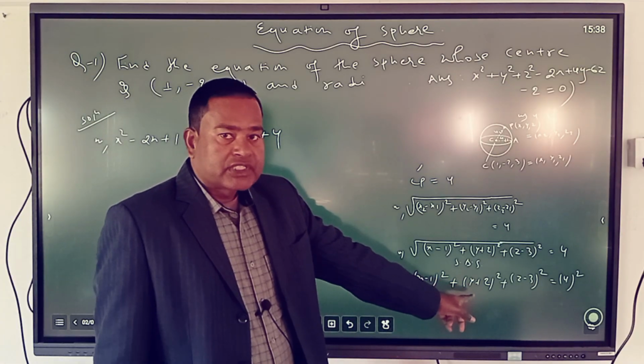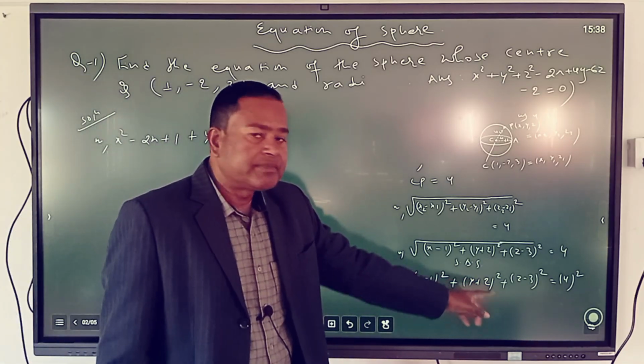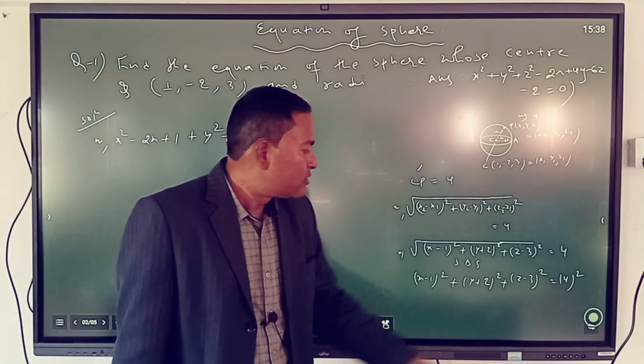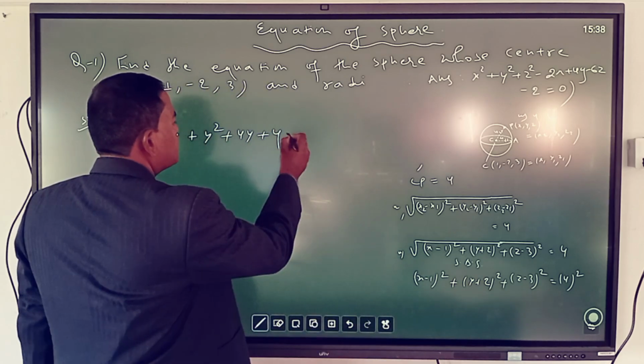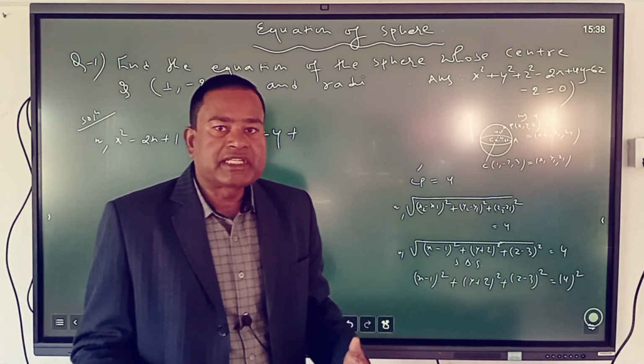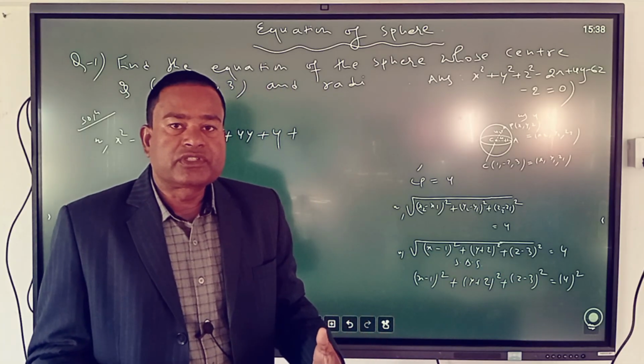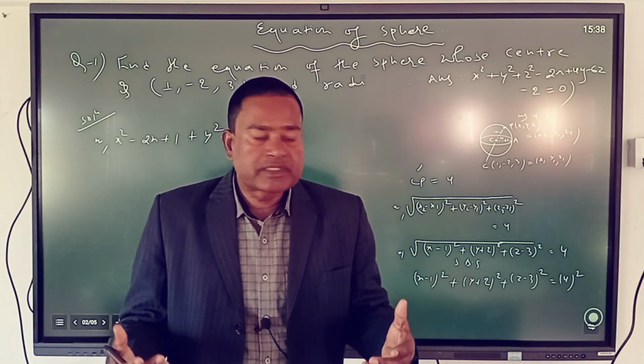A square means y square, plus 2ab means 4y, plus b square means 2 square, which is equal to 4, plus z minus 3 whole square, which is in the form of a minus b whole square. And we know that a minus b whole square is equal to a square minus 2ab plus b square.